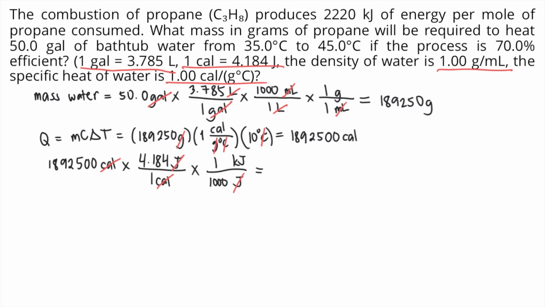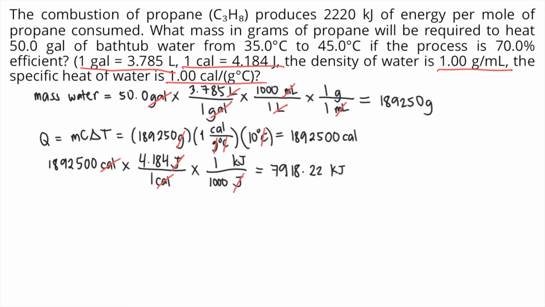If you solve this, 1,892,500 times 4.184 divided by 1,000 is equal to 7918.22 kilojoules. So you need this much heat to heat up the bathtub water.